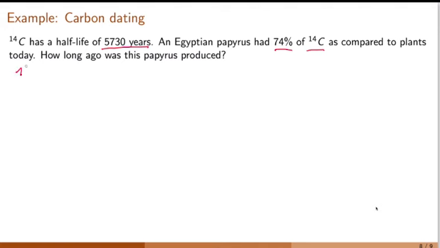To do this, we would like to use our radioactive decay equation from before, and there we need this alpha. So the first thing we need is the decay rate alpha. But for alpha we have a relation. We know that the half-life is log 2 divided by alpha. So we solve this for alpha, then we know that the decay rate alpha is log 2 divided by the half-life.